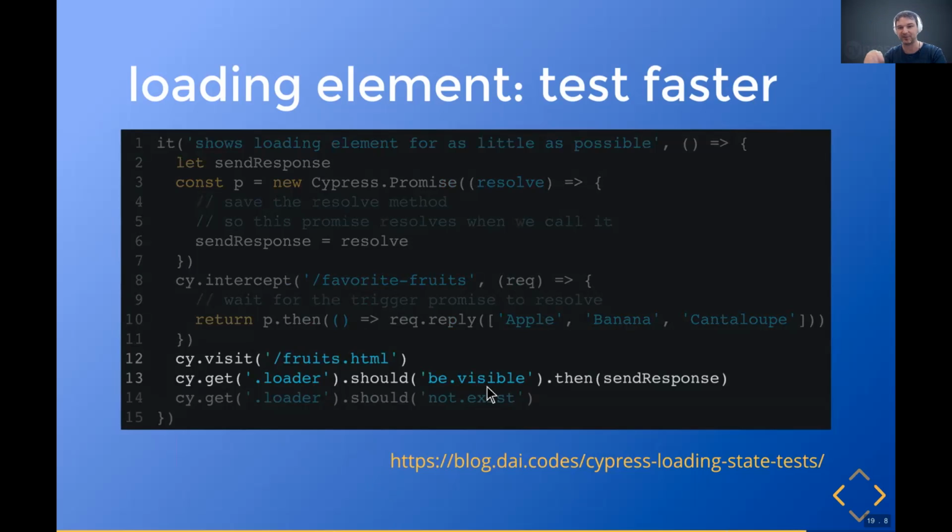After it's visible, then you call sendResponse, which resolves this promise and the request replies. It's kind of smart, right? And that's one of the beauties of cy.intercept syntax, that all these intercepts execute in the browser.